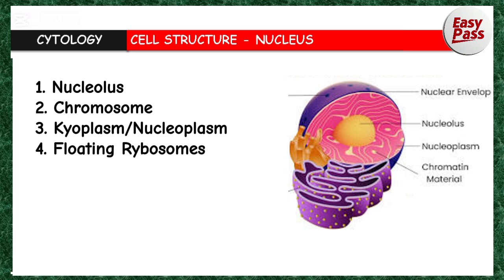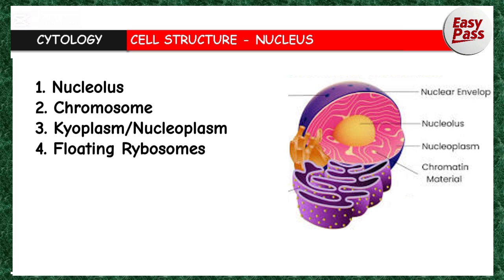Number three thing that is present in the nucleus is a kind of cytosol known as karyoplasm, or nucleoplasm. Karyoplasm is the cytosol, the plasma material, that is present in the nucleus.